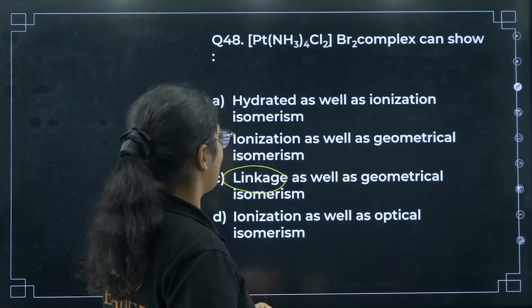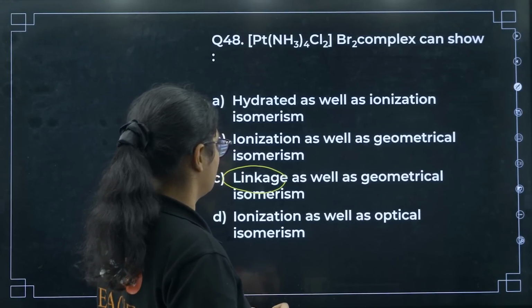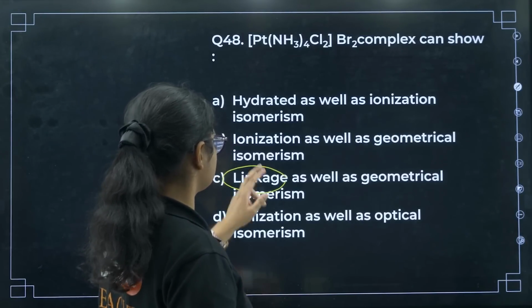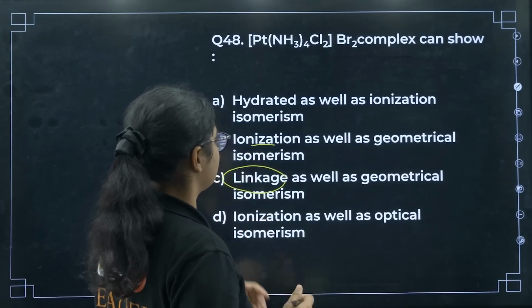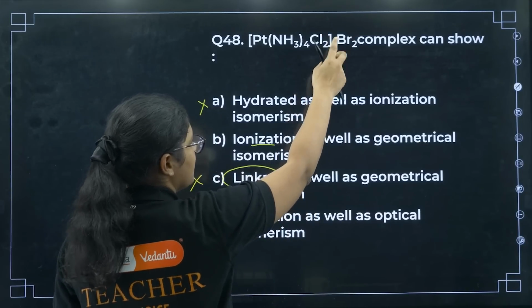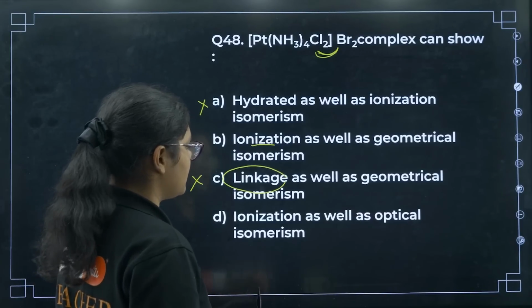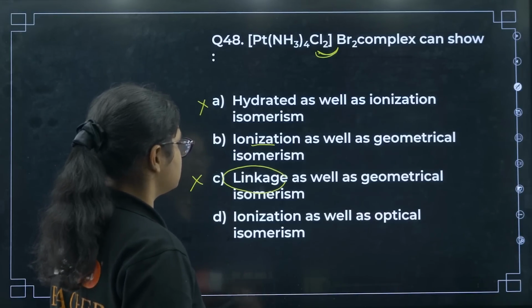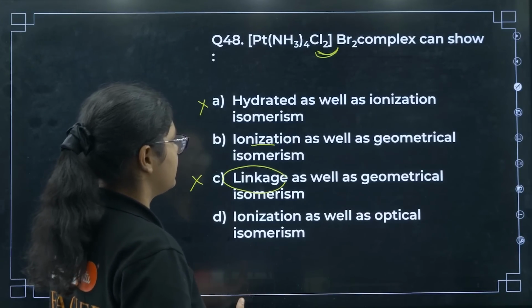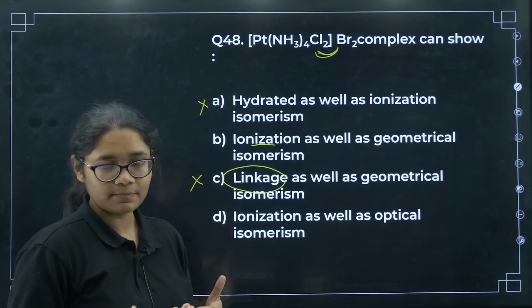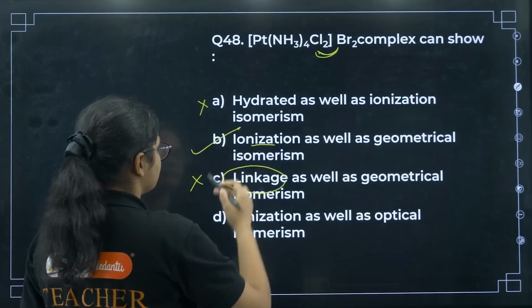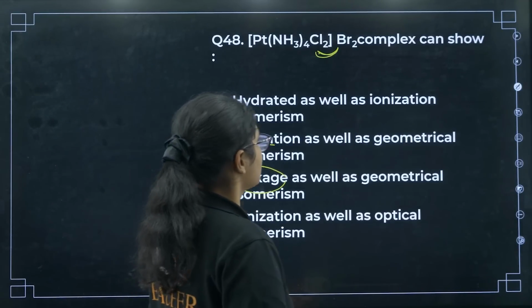Okay, just a minute. First of all, yes, ionization isomerism is definitely there because here chlorine and bromine can interchange. Now, regarding geometrical and optical isomers, yes, geometrical isomerism is obviously there because it is having cis and trans form, right? So that is why option number B is the correct answer.